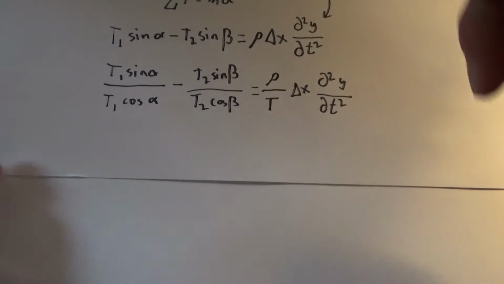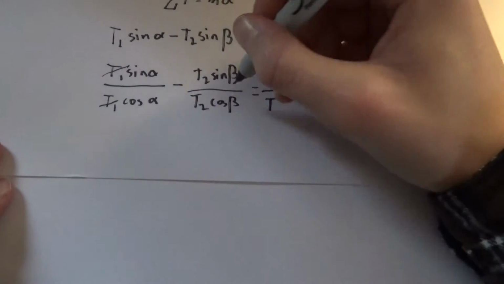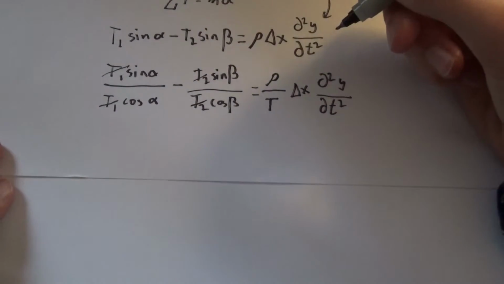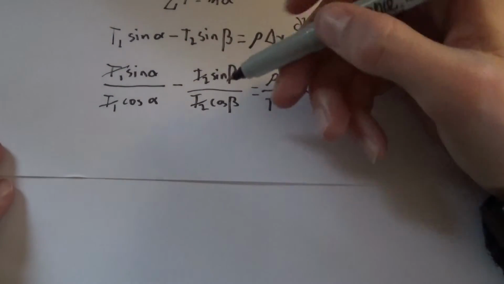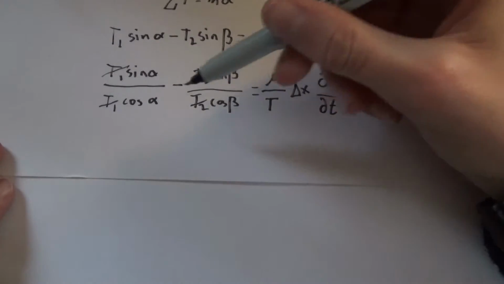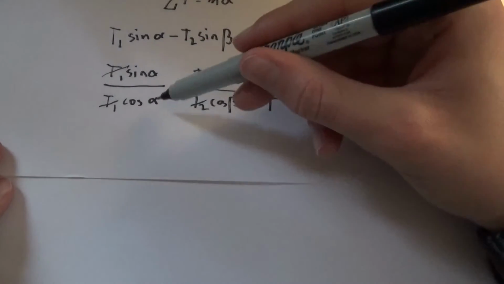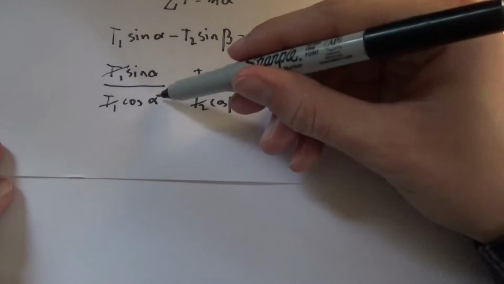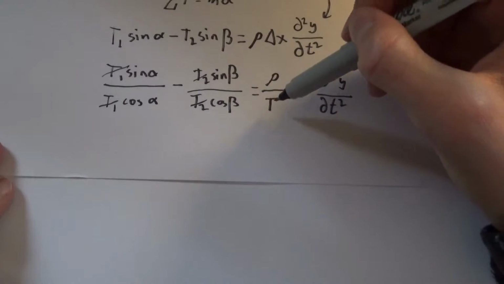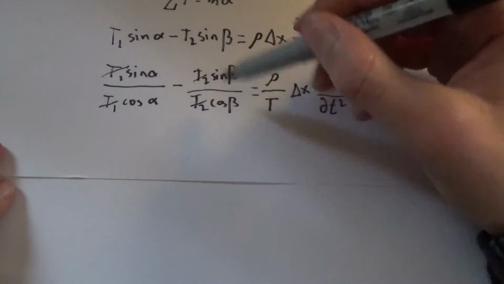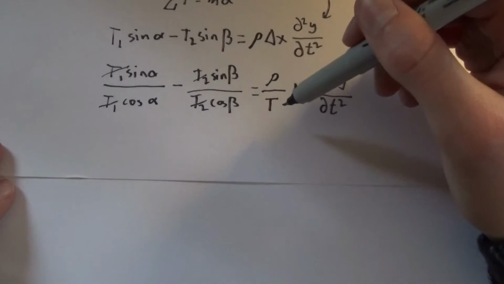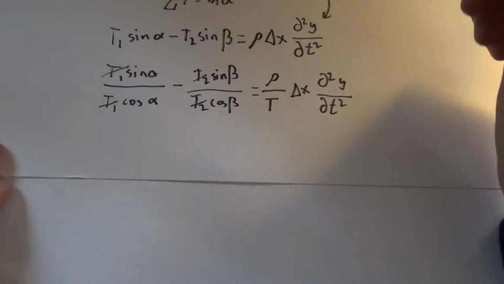Okay? Alright. So now we can simplify this dramatically, as I said before. The T1s cancel here. The T2s cancel here. And just remember, this is still true because we've divided this entire equation by the same number everywhere. This is the same as this, and this is the same as this, and this is the same as that. They're all the same. So it's like dividing the whole equation by 2. Everything's still equal.